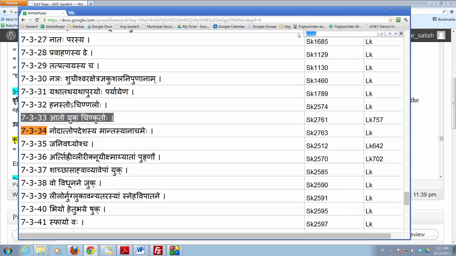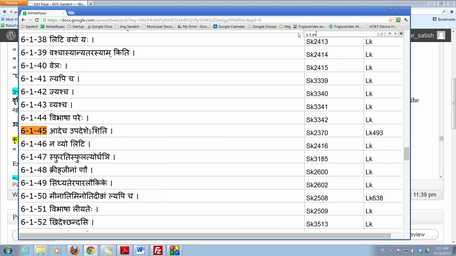Because of 6.1.45 adech upadesh shiti, that gai becomes ga. Never forget that any dhatu ending in a ech letter immediately becomes a dhatu ending in akara, as long as we are not going to have an affix which begins with shakara as an it.